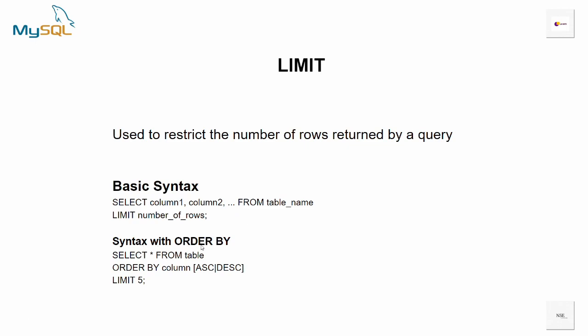The syntax with order by looks like this. You'd select star if you want everything, or you specify the columns that you want from table, and you now have order by. You specify the column that you want to order, and then the limit is provided.